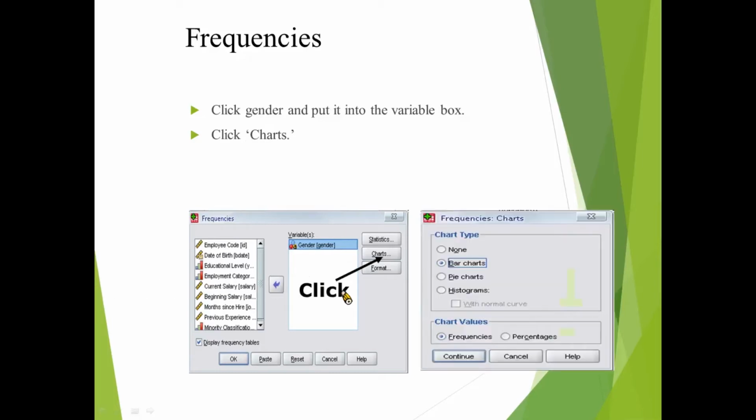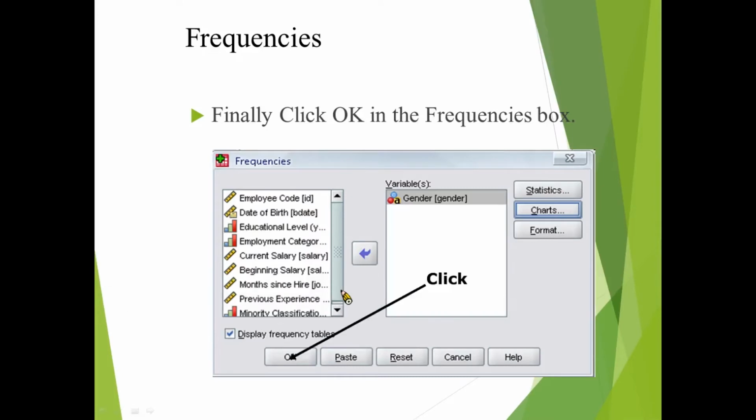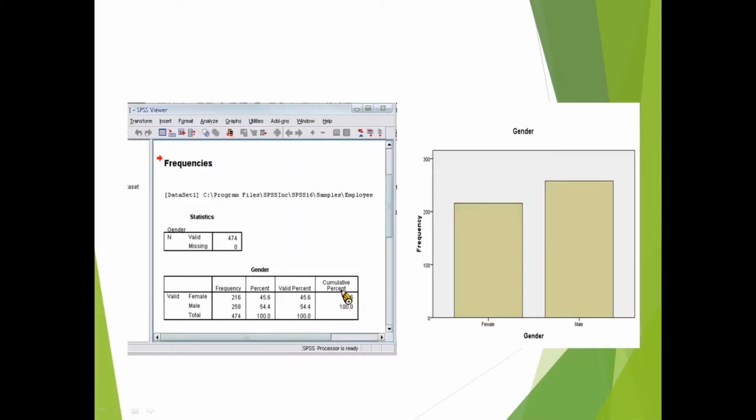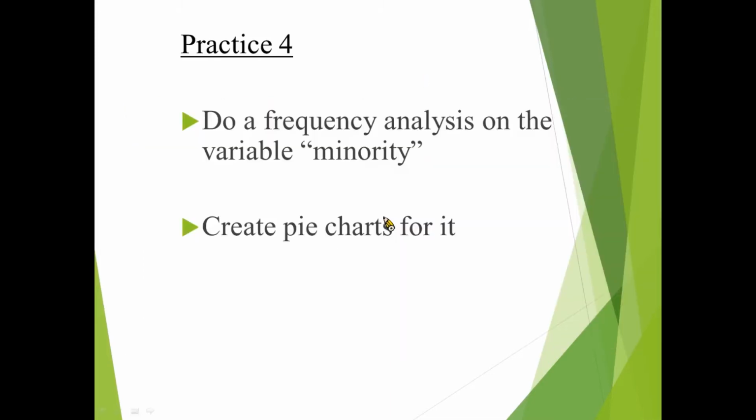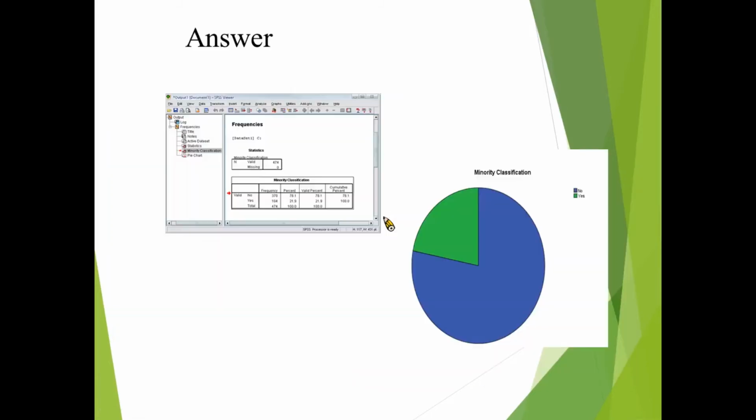So this is what we will show the class, how to run the SPSS. Gender, and then you can see the result. Also you can see the circle, this is the chart.